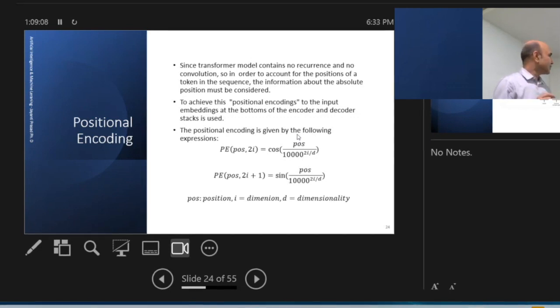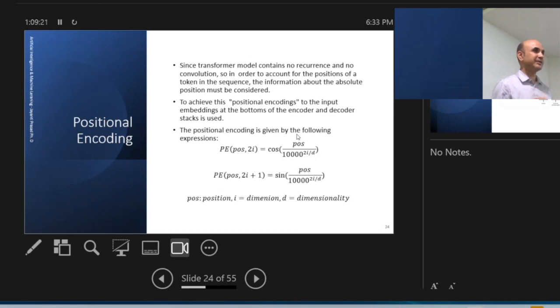For every position of the token in a sentence, we are computing the components along the different directions of the embedding space. You should convince yourself with these two equations.